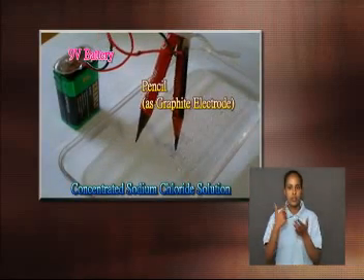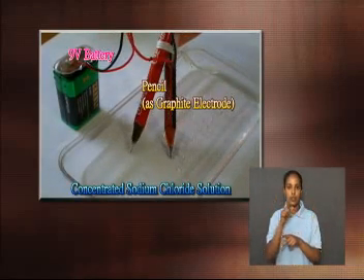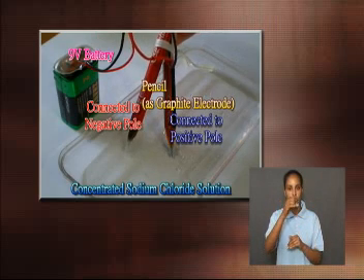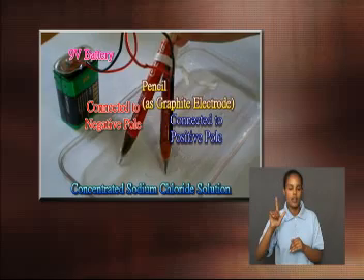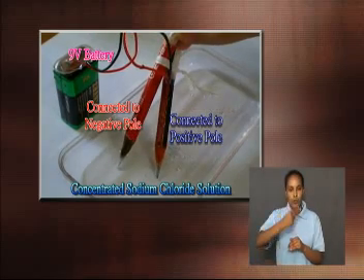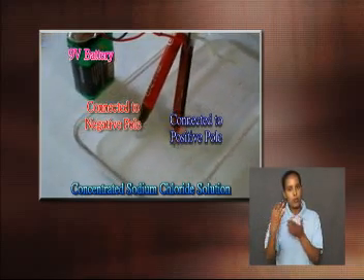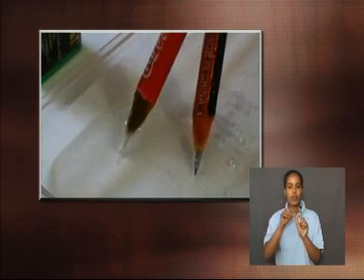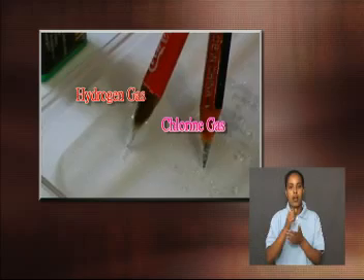In this video, you can see that in a concentrated solution of sodium chloride, hydrogen gas is being produced at the cathode and chlorine gas is being produced at the anode.